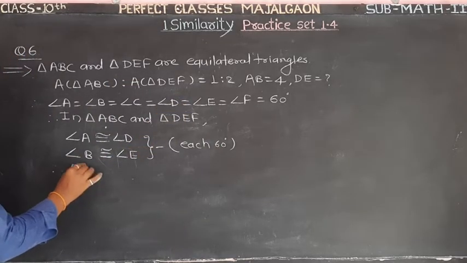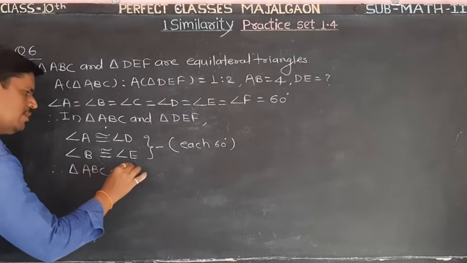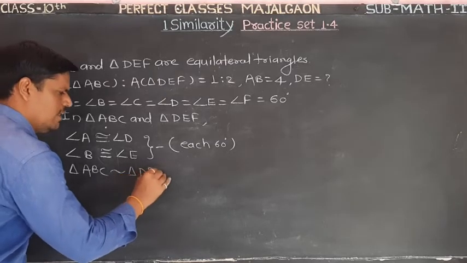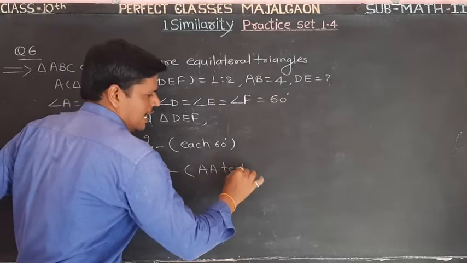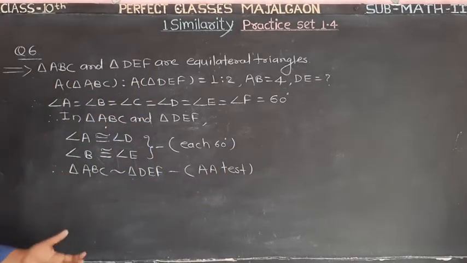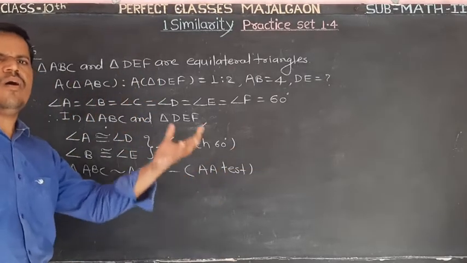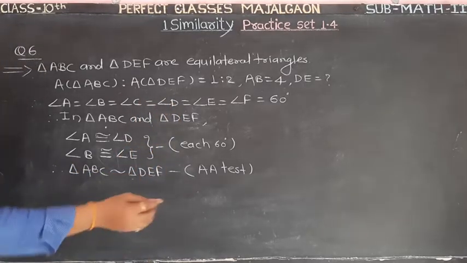Therefore triangle ABC is similar to triangle DEF. What is the reason? The AA test, the angle test. These two are similar. Now we use the theorem of areas of similar triangles.